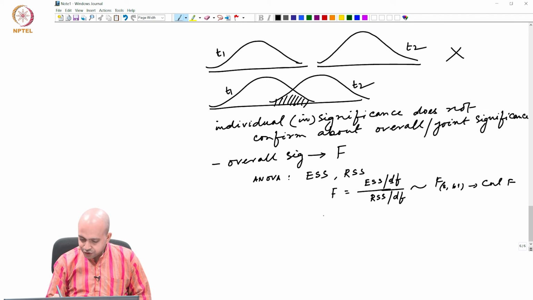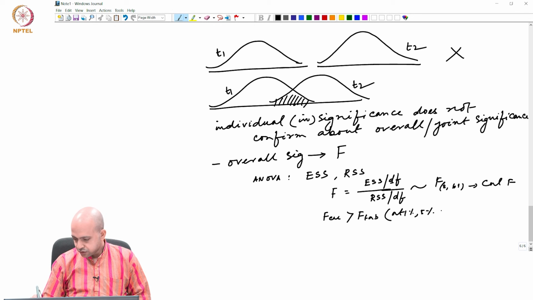And if the calculated F is greater than the tabulated F at, let us say, 1% or 5% significance, then we have to reject H naught.